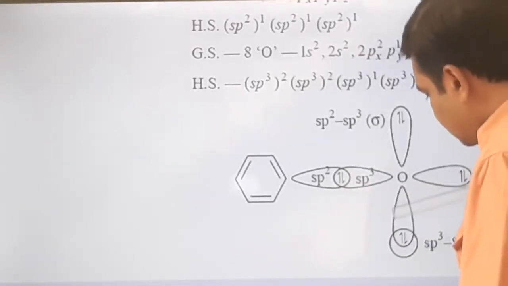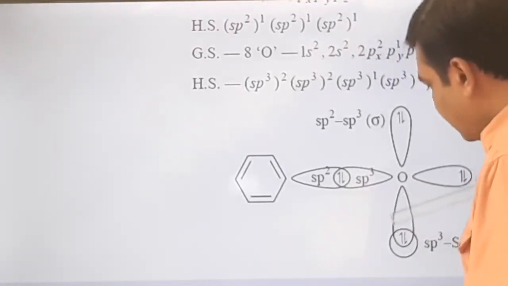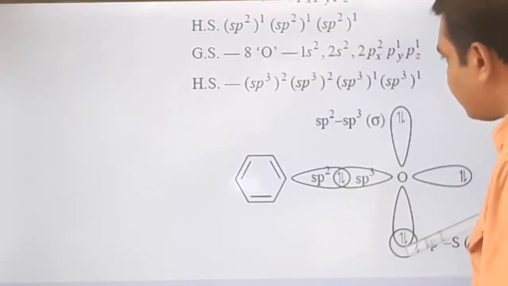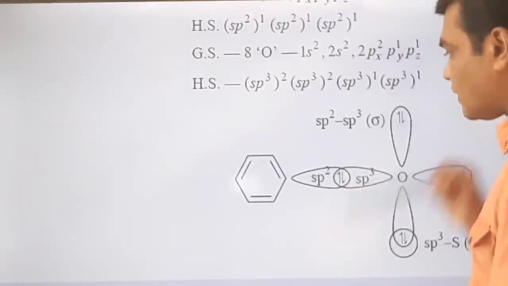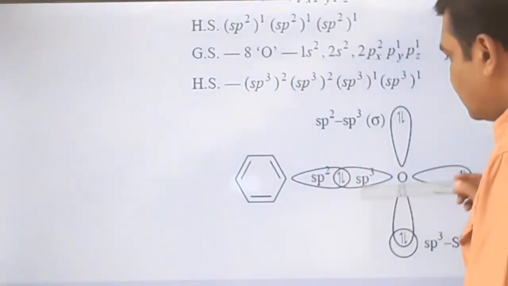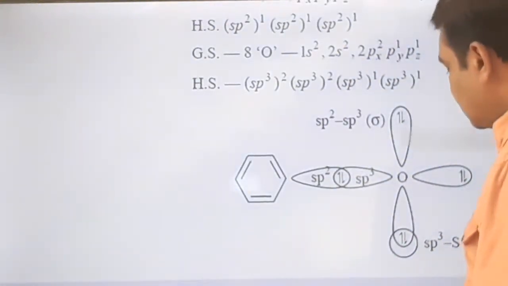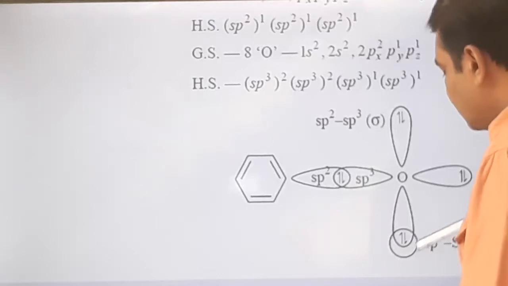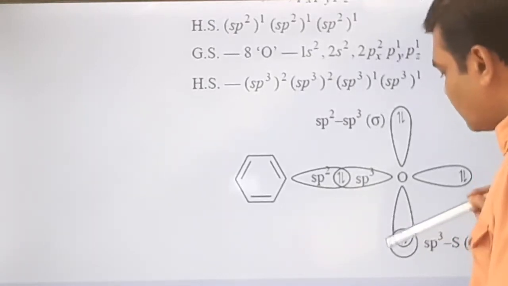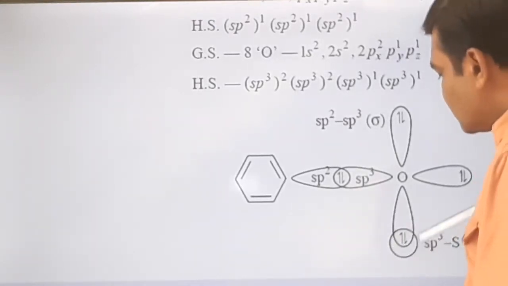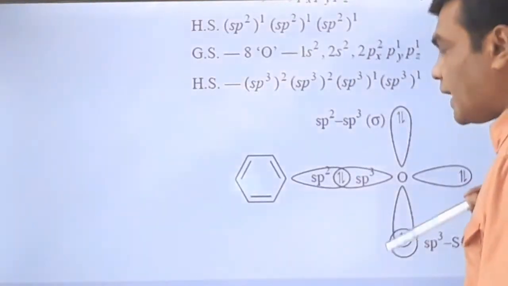And as I told you, there are two sp3 hybrid orbitals having a single electron. One is utilized in the formation of the sigma bond with the carbon, and the other sp3 hybrid orbital overlaps to give the sigma bond with hydrogen.